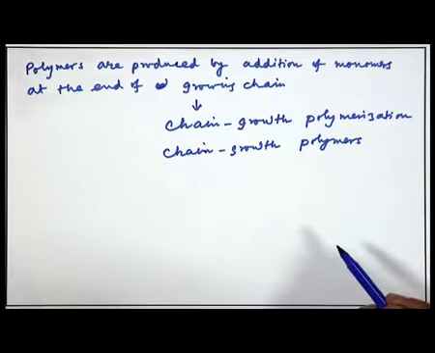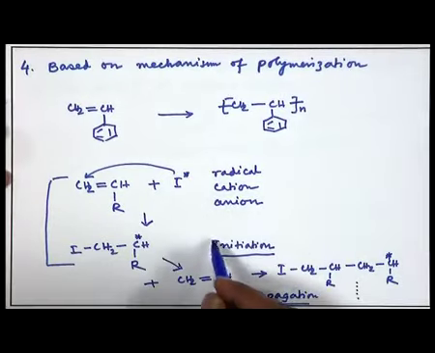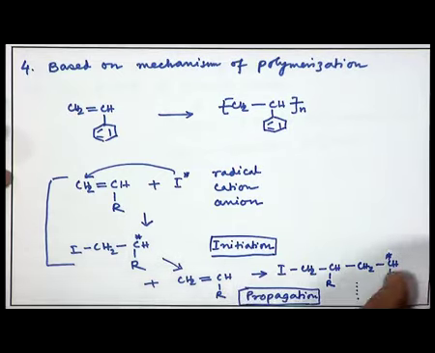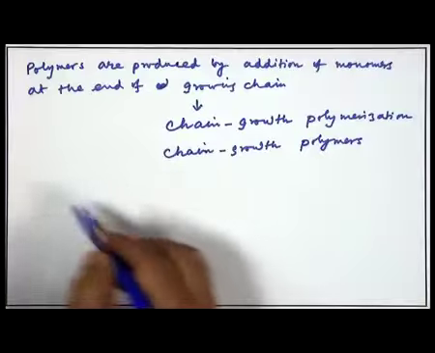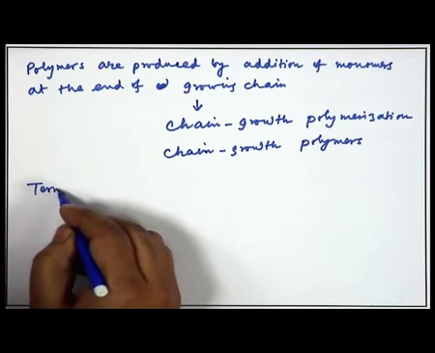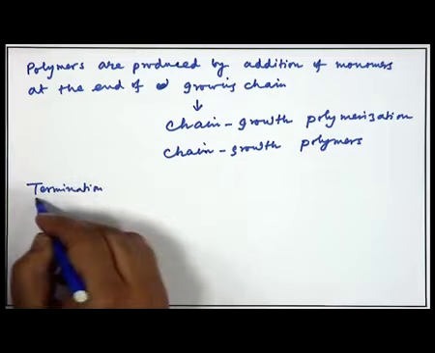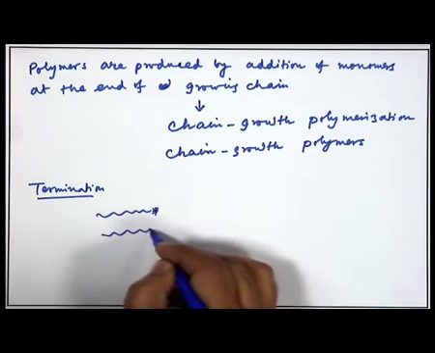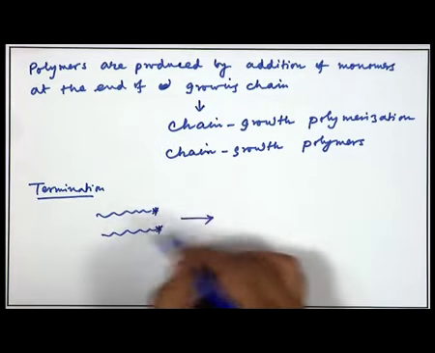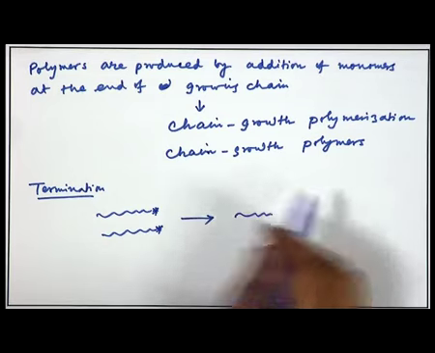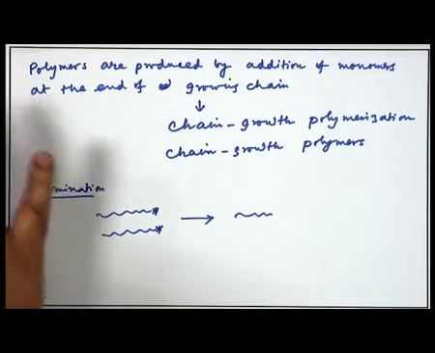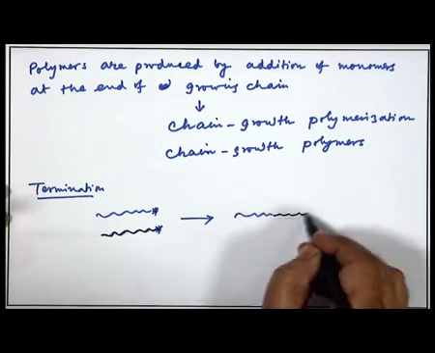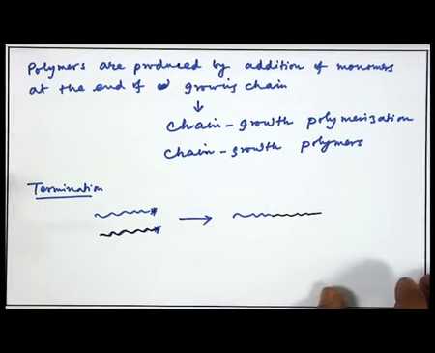So, obviously, in this case you have an initiation step, you have a propagation step, and you will have a termination step as well, where if I just write chain end having this, two of these chain ends come and react with themselves. If I can write in different colors, so they can join themselves and form a different chain.